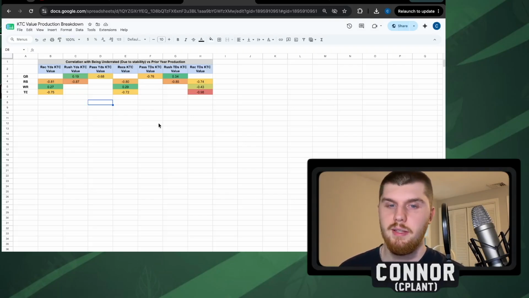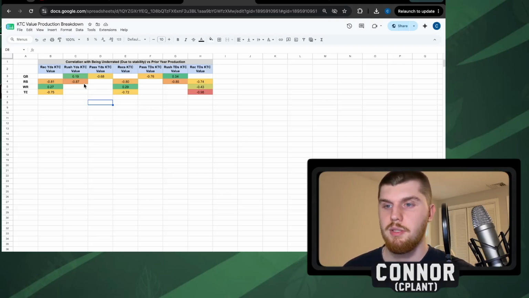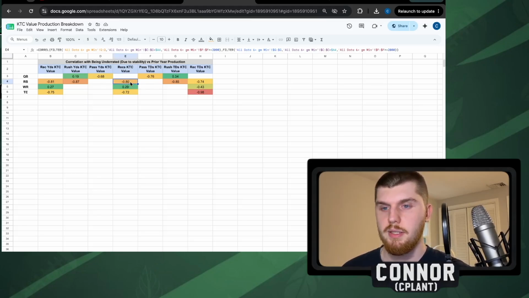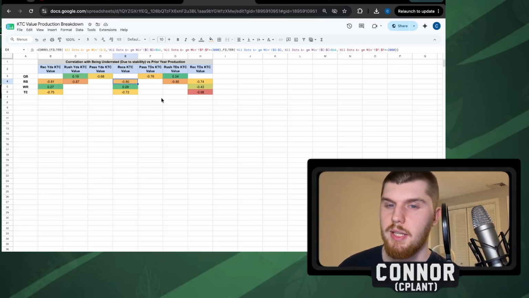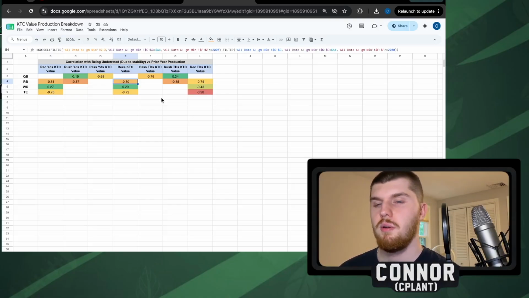And I know that the top end running backs that are getting a lot of receptions are going to have higher stability in that regard than this suggests, right? But it's not like I'm looking at a lot of bad players. I filtered it to guys that are above 2,000 KTC value points, so it should be showing me all the fantasy relevant guys.